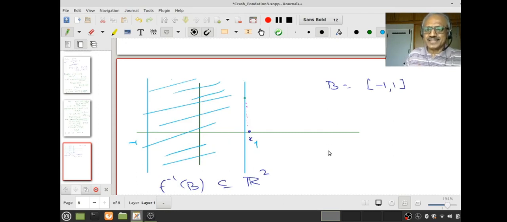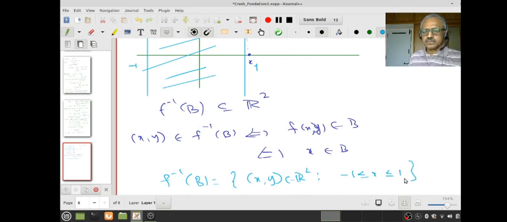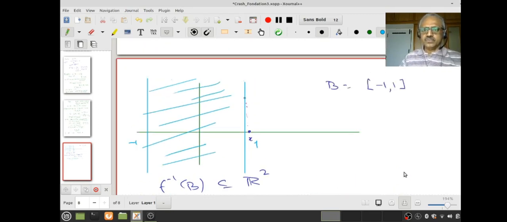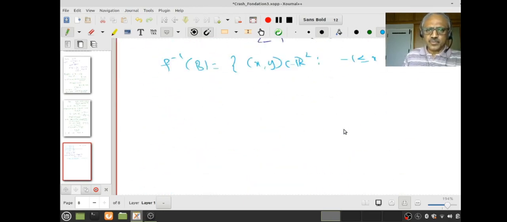Therefore, y can be anything. You follow that? Therefore, I find f inverse B is nothing other than the subset of (x, y) in R2 such that -1 is less than or equal to x less than or equal to +1. That's it. That is the entire vertical strip, the closed vertical strip, that is going to be f inverse B. Okay? A lot more examples can be given, but as I said, you should refer to the book I referred to. That's enough.